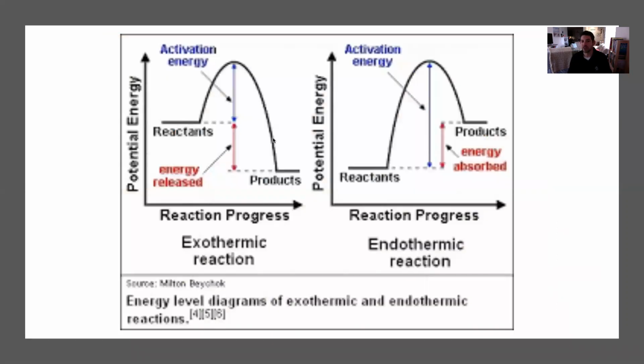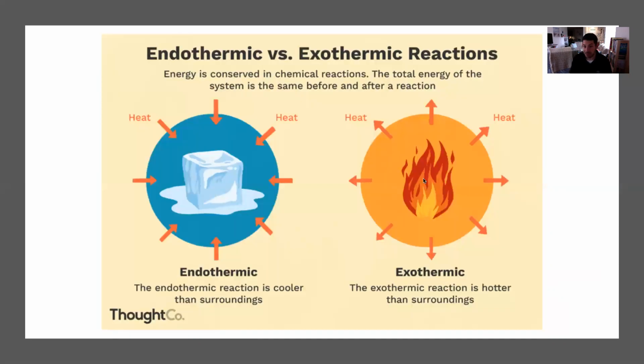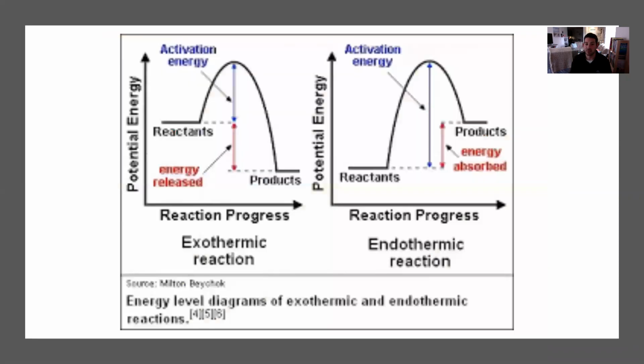So on our diagrams, I know this is a little blurry, if the reactants have more potential energy than the products, that amount of potential energy that we lose gets given off as thermal energy, and that's energy being released. We call that exothermic. Think of the flame, right? It is giving off energy. It has less potential now, but it's contributed heat to the environment.